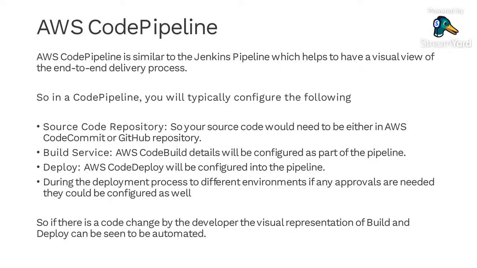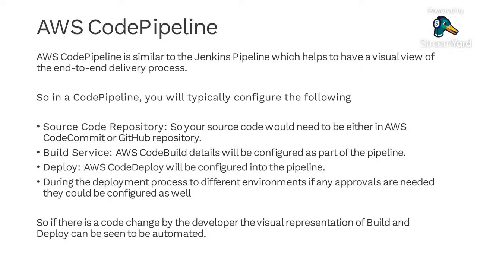Then we build the process, give the action items in the form of a script, and on the basis of that script, it will build your code. That is how we do it in the Jenkins pipeline, or we can say in other DevOps tools by which we create a pipeline.